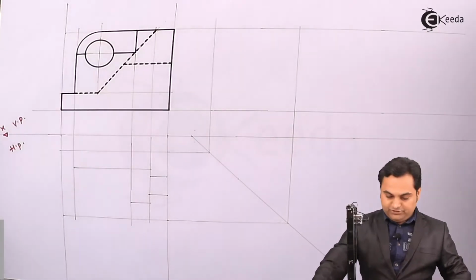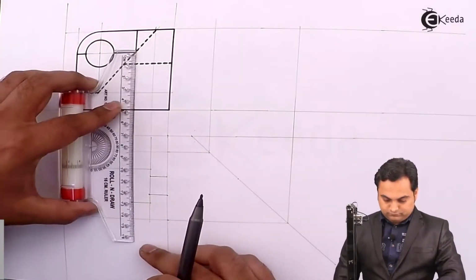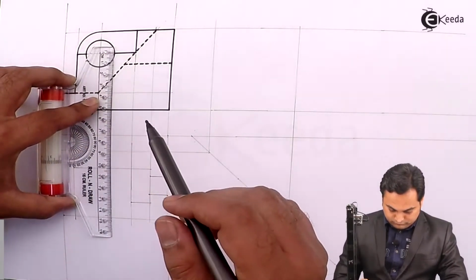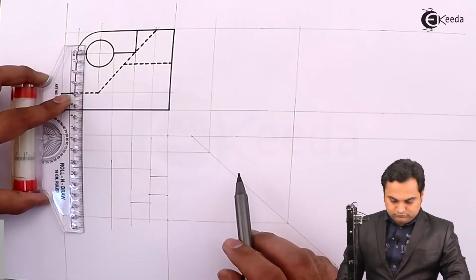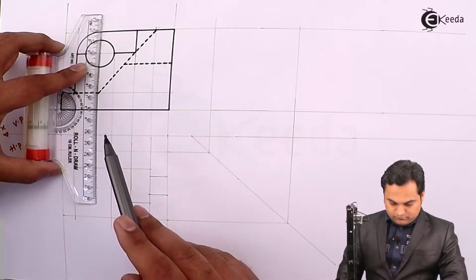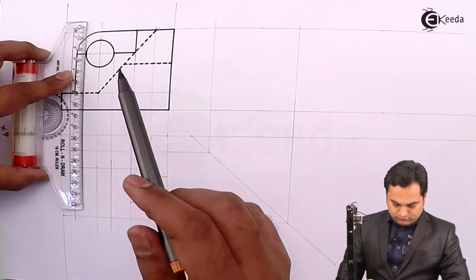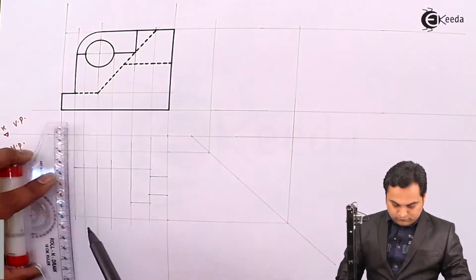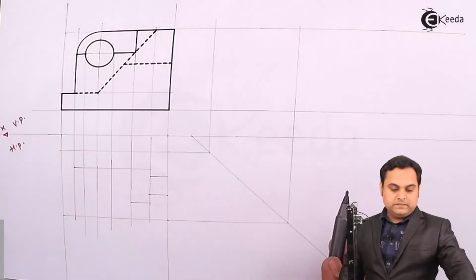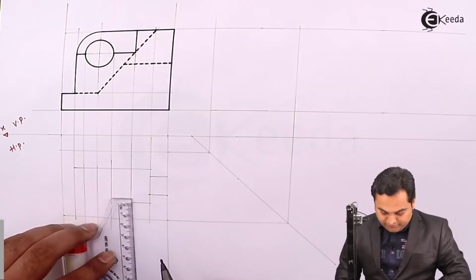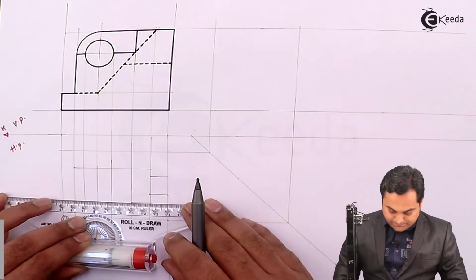So plotting all the points downwards, then the width of 15 is constant. So I have measured already 15 mm here, projecting it light with the help of a light horizontal line.